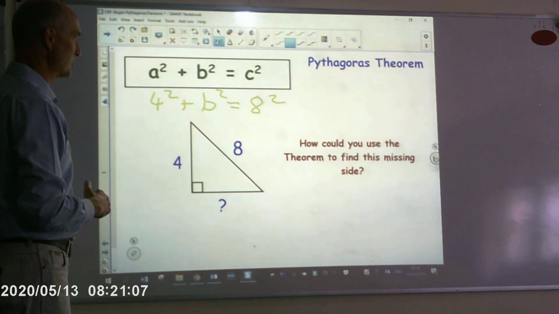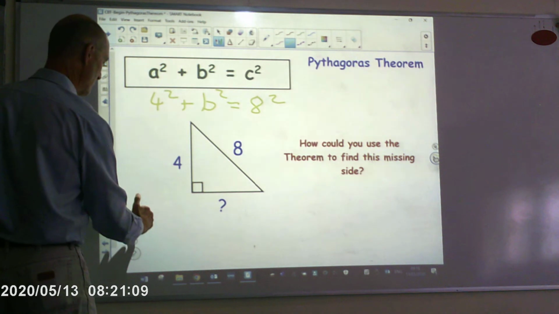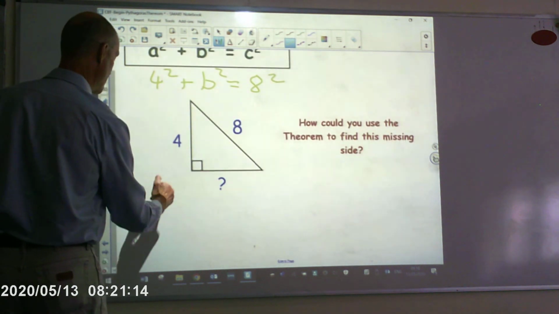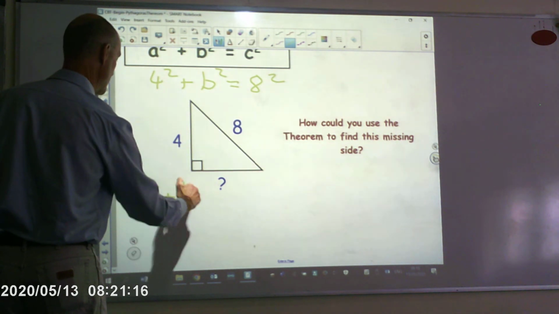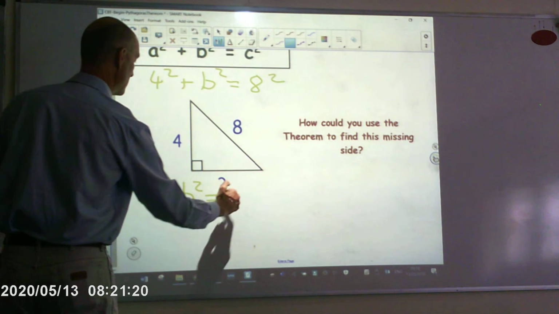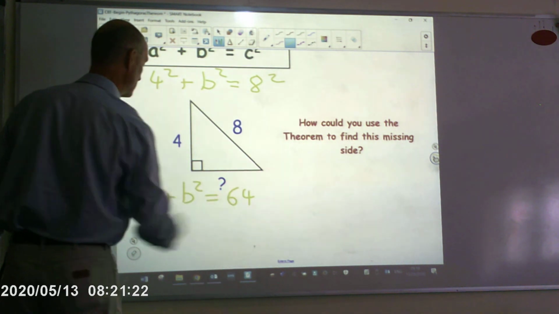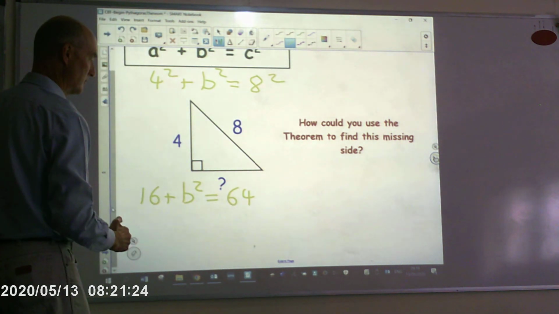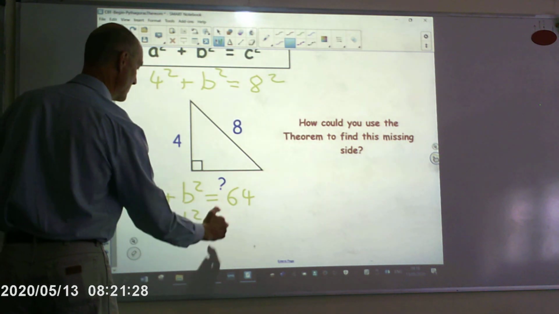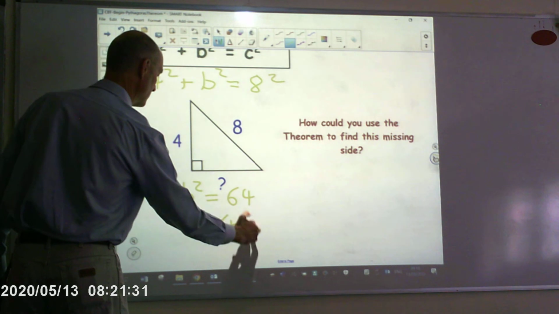So what am I able to say there? I'm able to say 16 plus b squared, my short side that I don't know, equals 64. So that means that b squared equals 48.